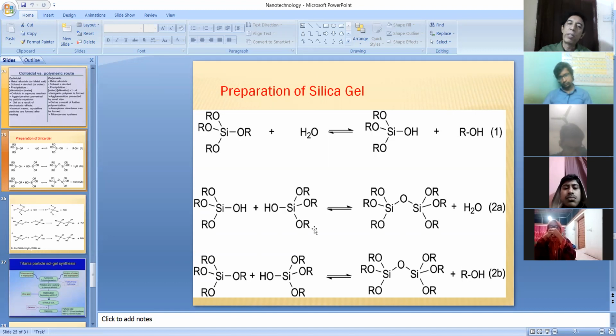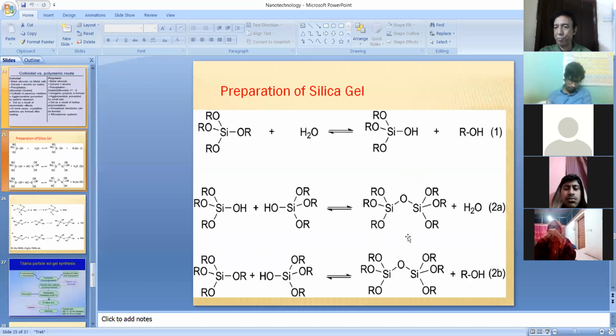So what is the reaction? First is the hydrolysis, and the next step is condensation. In one step, water is removed, and in the second step, one alcohol is removed, but the main product is the same.